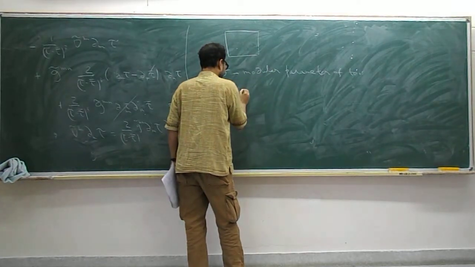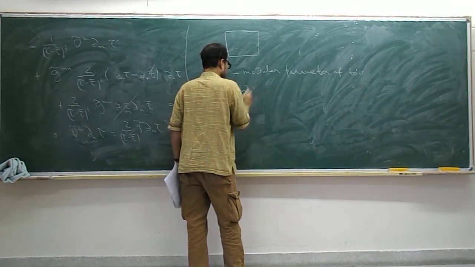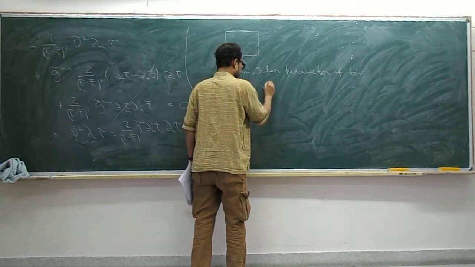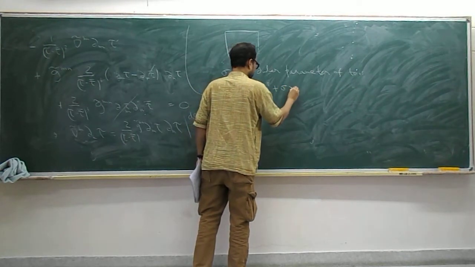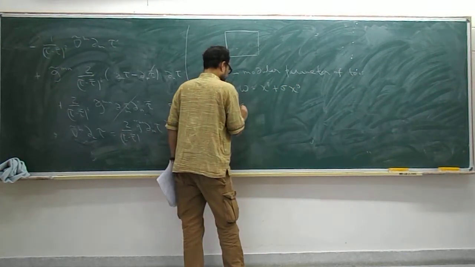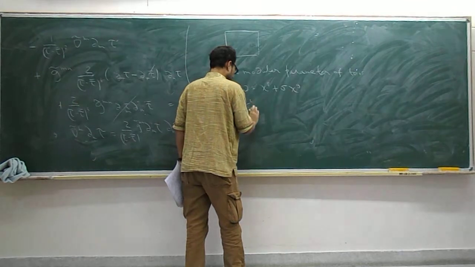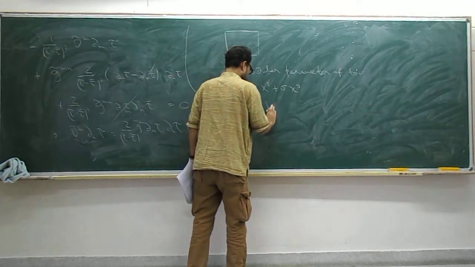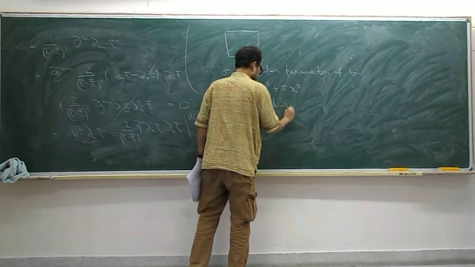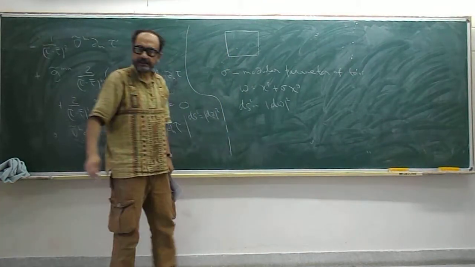Then you can just define W as x8 plus sigma x9, and then in this coordinate system ds square is mod dW square. So in the w coordinate system it's clearly a flat metric.